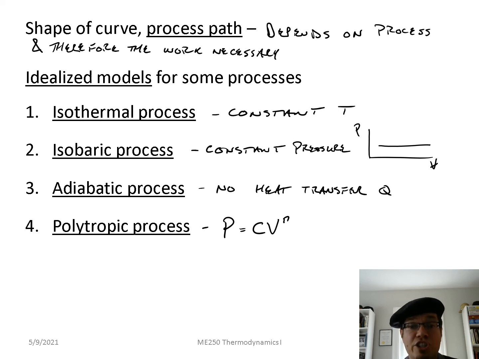It's a way to generally capture all of the above. If you throw in different values of n, you can get those above processes. You can get other processes as well. We'll come back to this. We'll come back to processes, isothermal processes, isobaric processes, etc., etc.